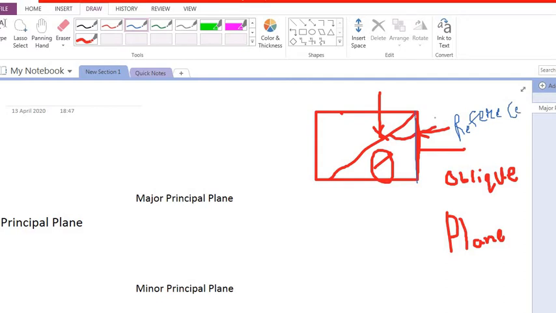So this vertical plane is the reference plane, okay. And this is the oblique plane, right? This theta is the location of this oblique plane with reference to this reference plane, or with respect to the reference plane. I think it will be clear to you now.